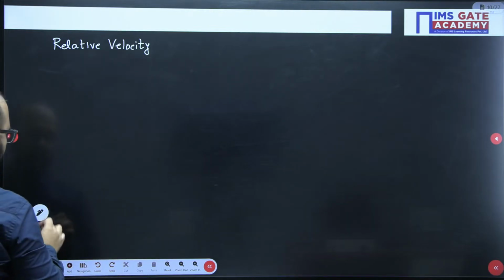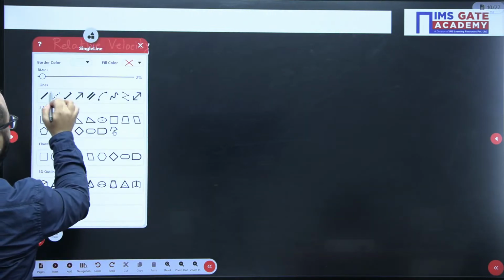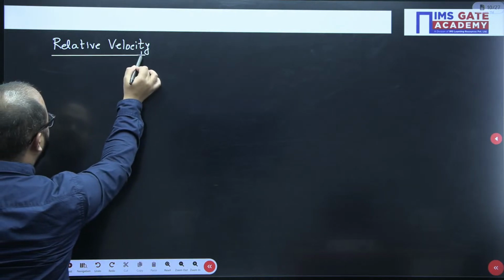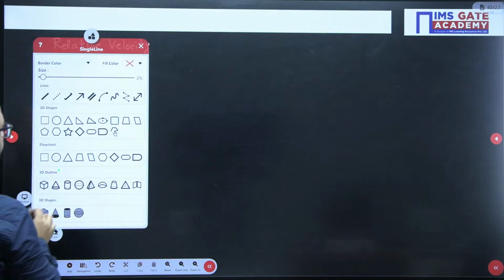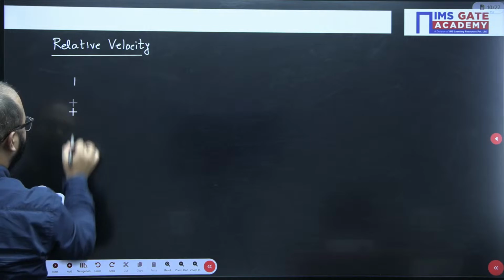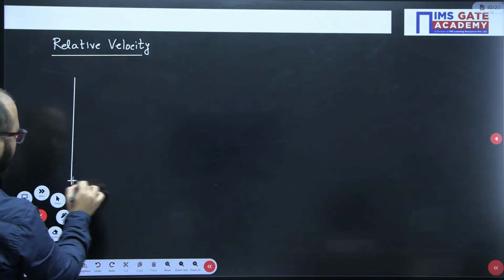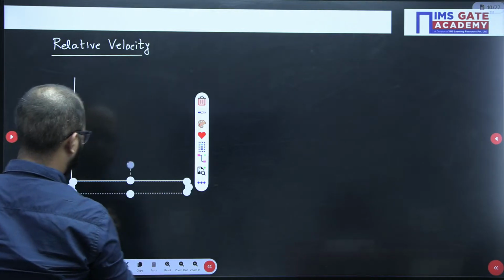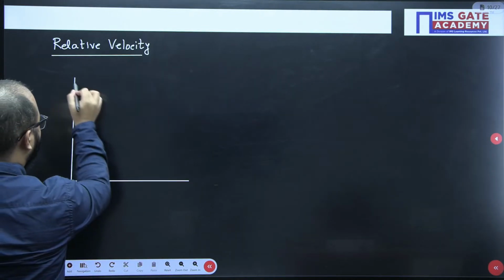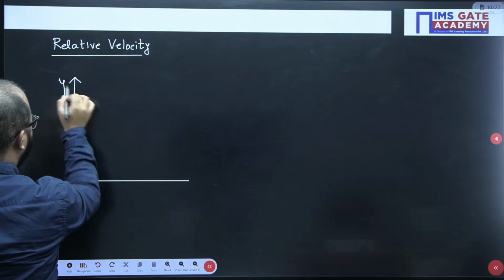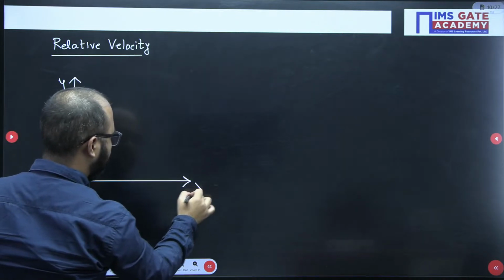Now see how we will write here. So first of all, some basics I am going to discuss. Let's suppose this is the y-axis and this is the horizontal x-axis.